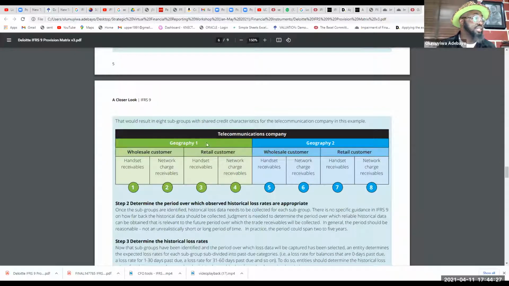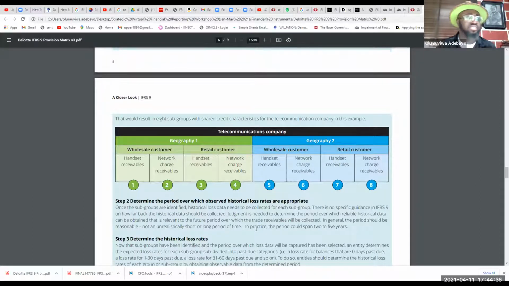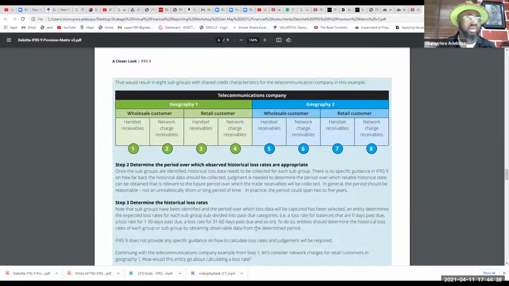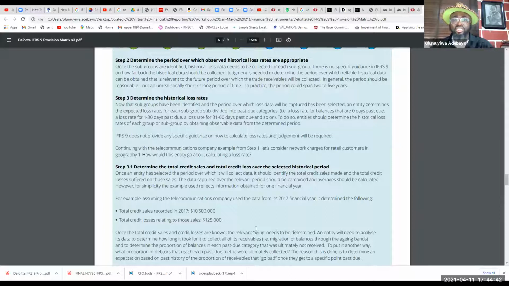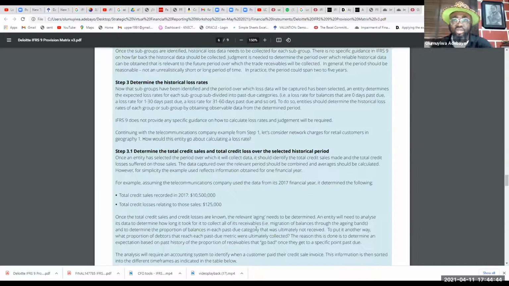Can you see grouping here? Geography 1, geography 2, wholesaler different from retailer, even within wholesaler, asset different from network, and other things. No one bucket fits all, because you are looking for homogeneous factors within your grouping.